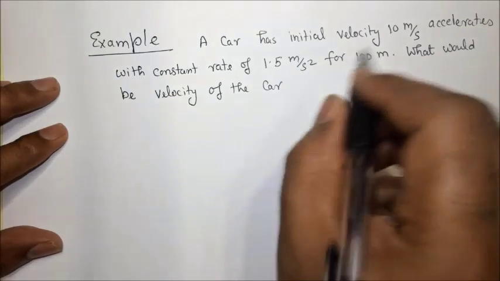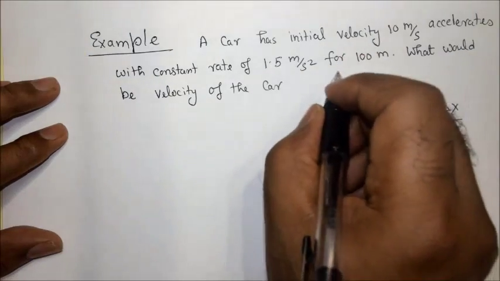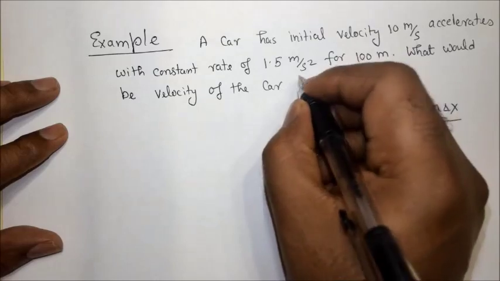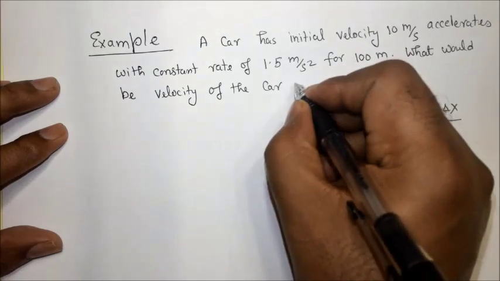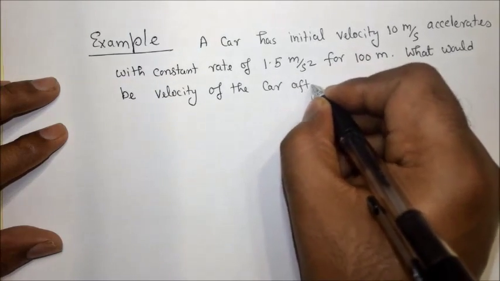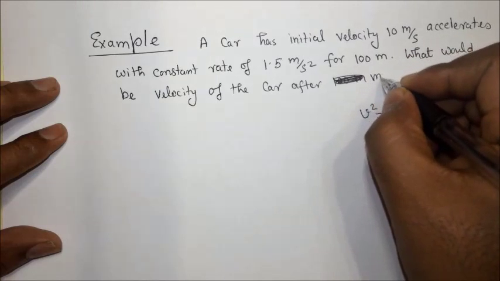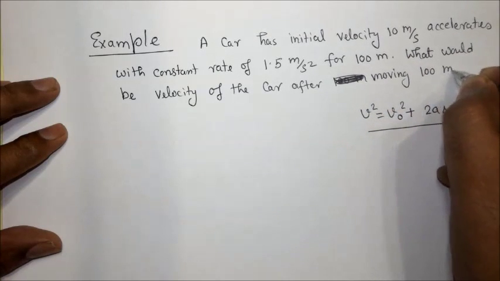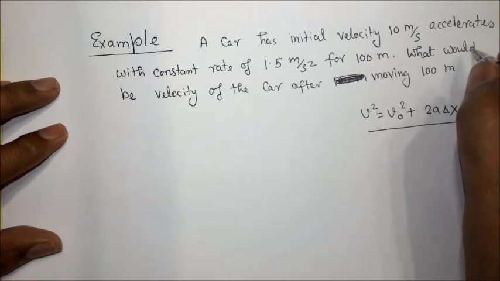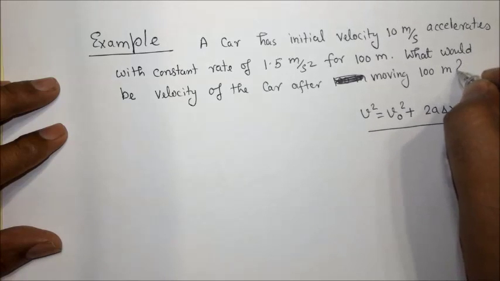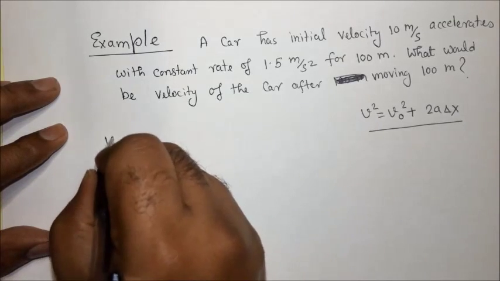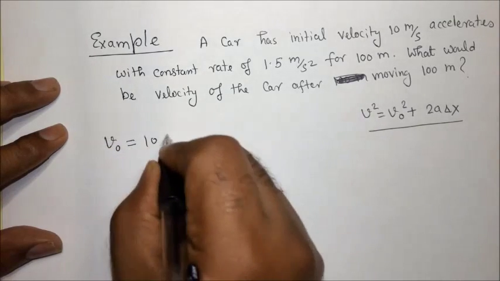What would be the velocity of the car after moving 100 meters? So V initial is 10 meters per second.